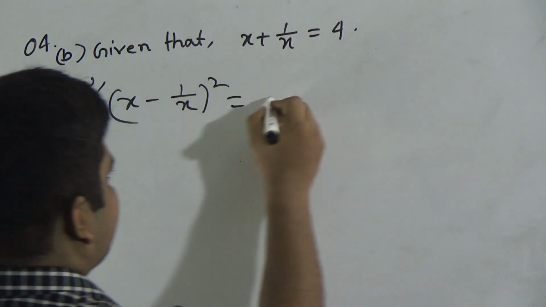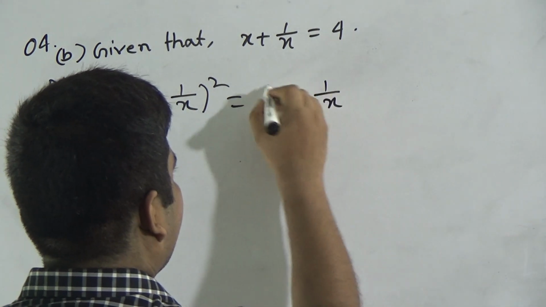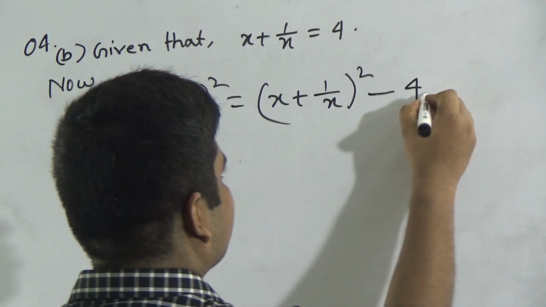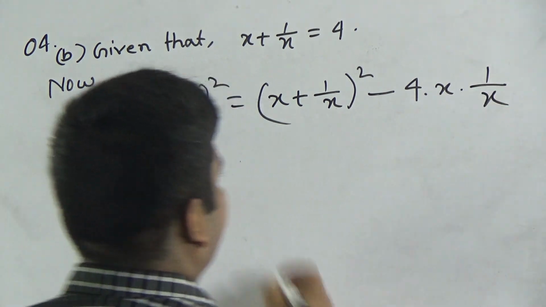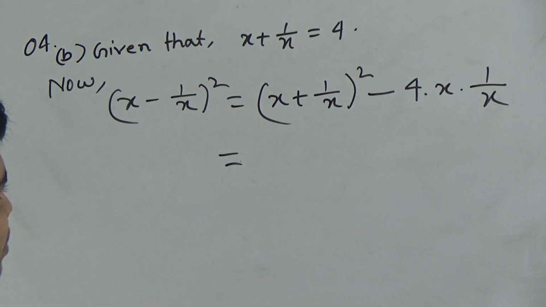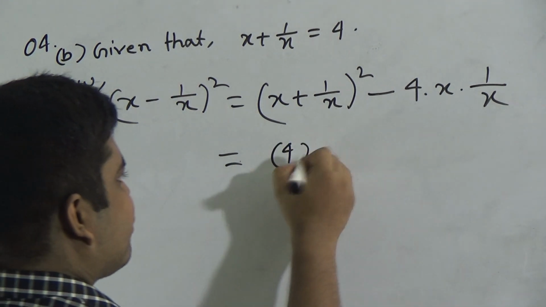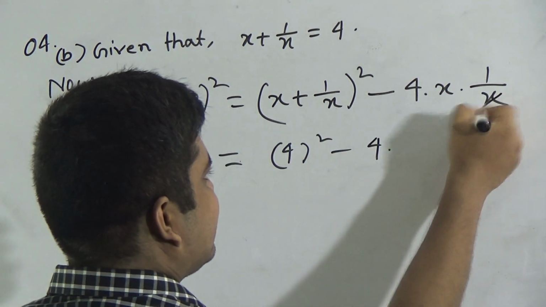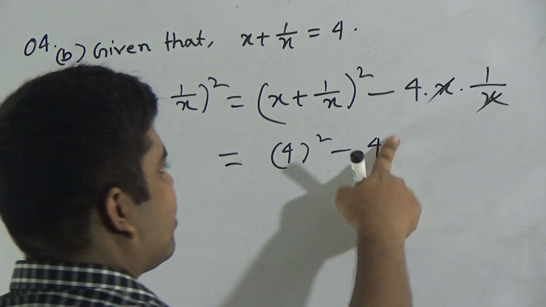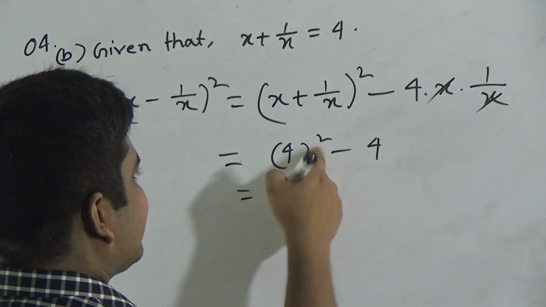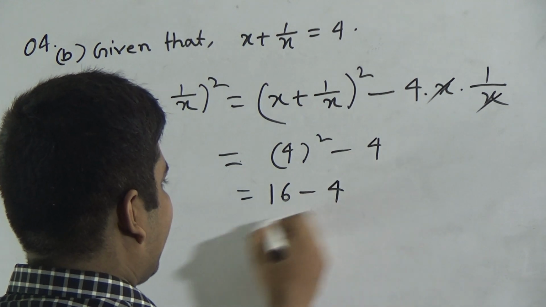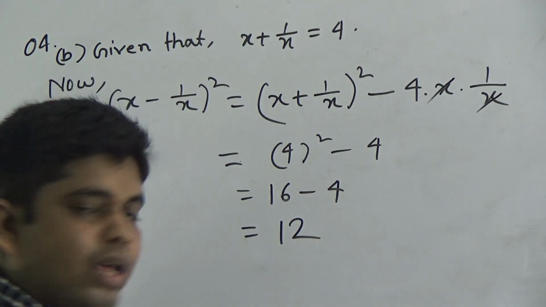The formula is x plus 1 by x whole square minus 4 into x into 1 by x. Now we notice the value of x plus 1 by x is 4. So write 4 square minus 4 into these x are cut and left 4. So now 4 square, that means 16 minus 4, and we get 12.